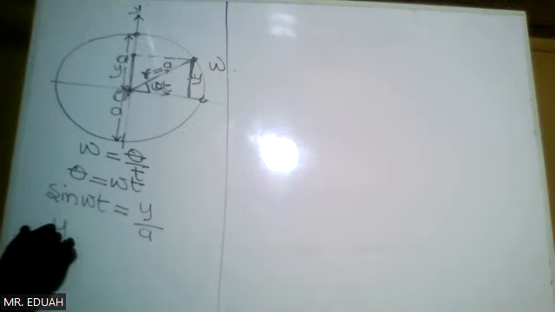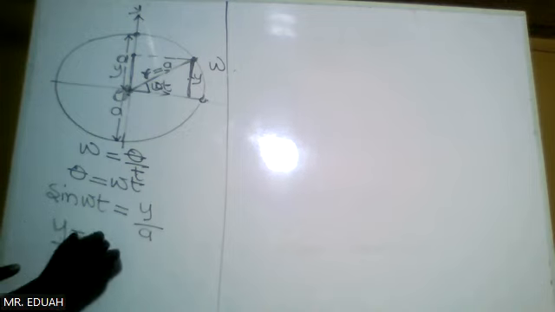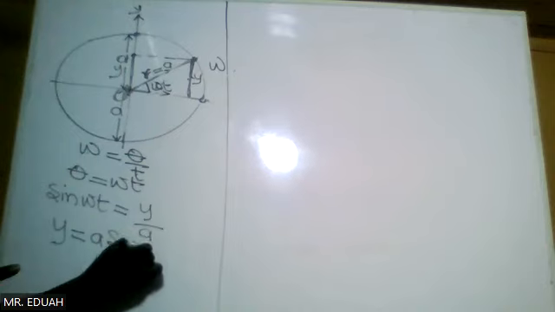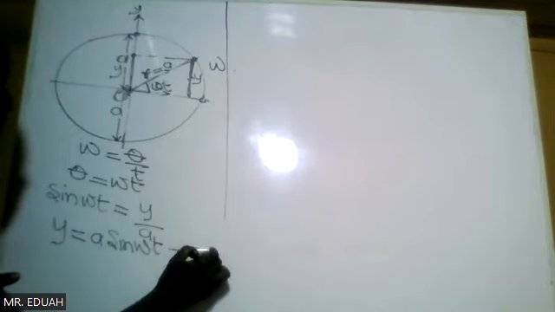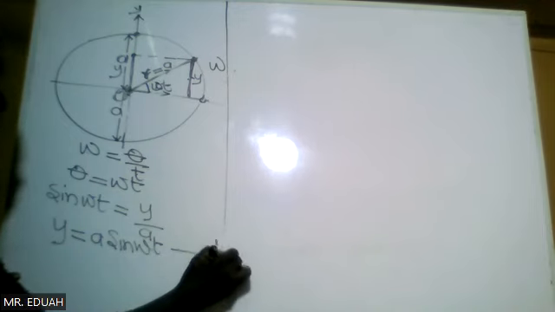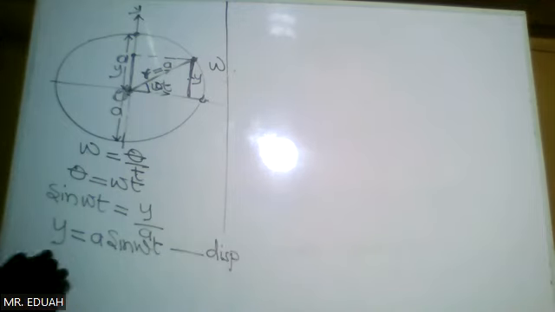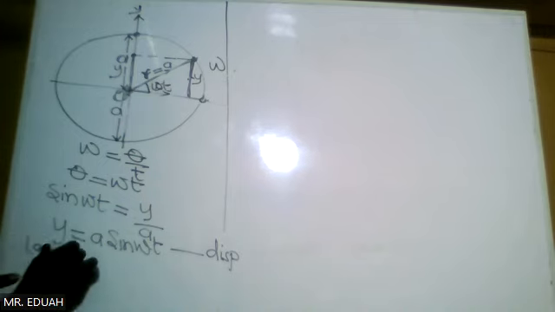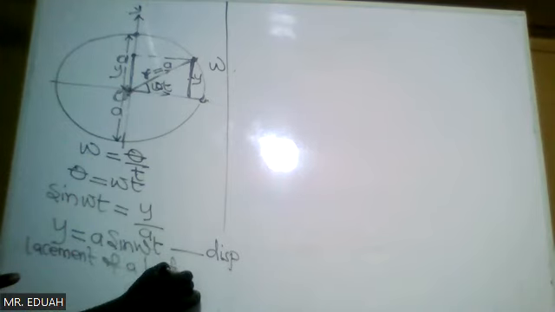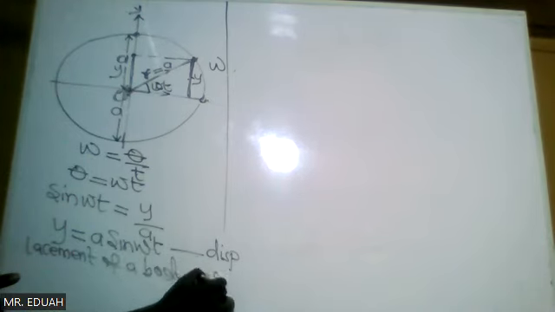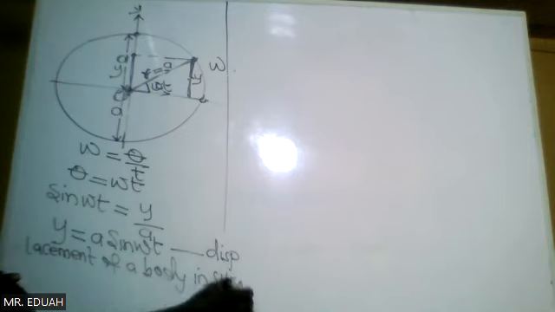Therefore, when we make y the subject, we have y equals A sine omega t. And this equation is the displacement equation of a body in simple harmonic motion.